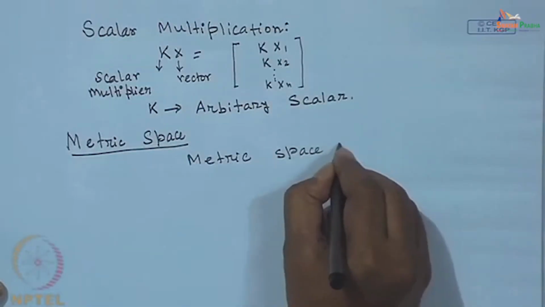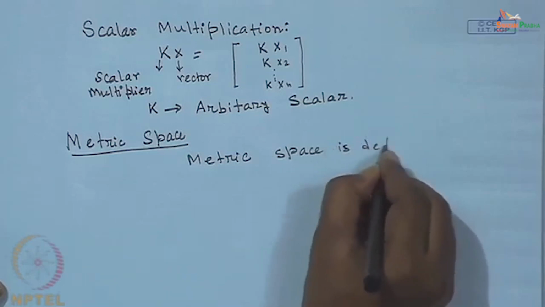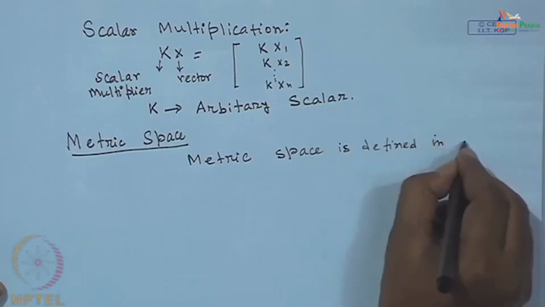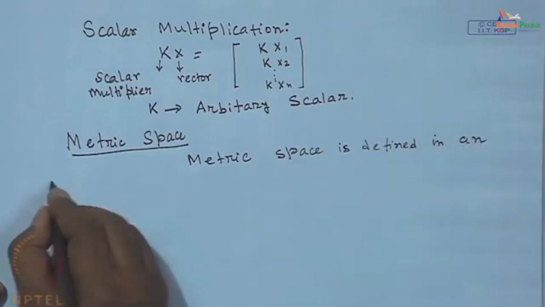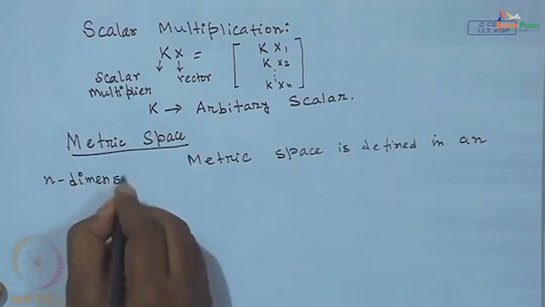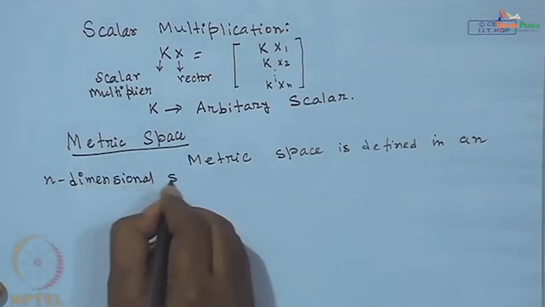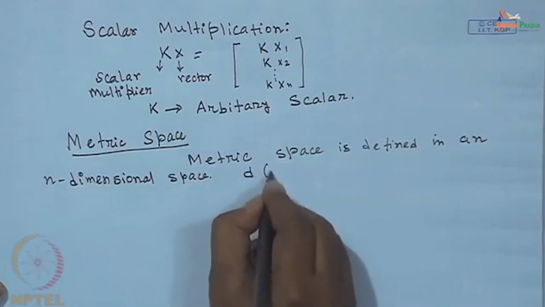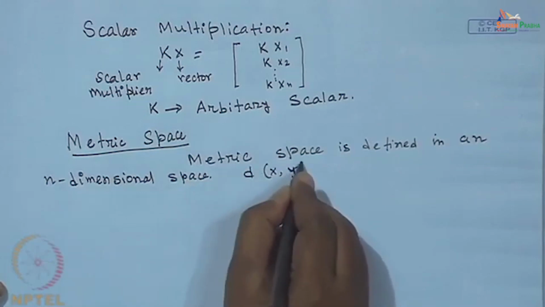A metric space is defined in an n dimensional space and the notation is d of x and y.